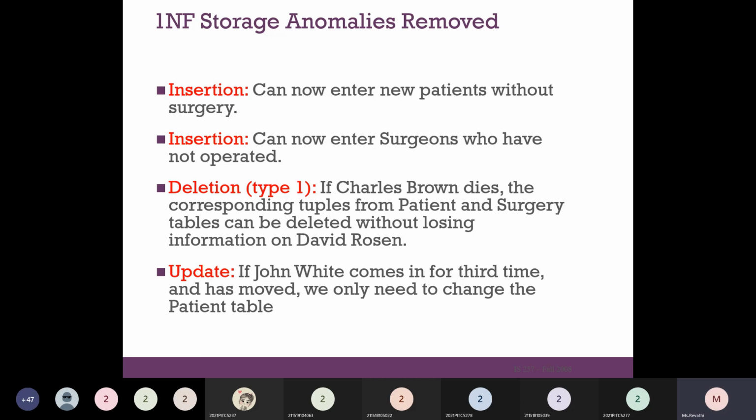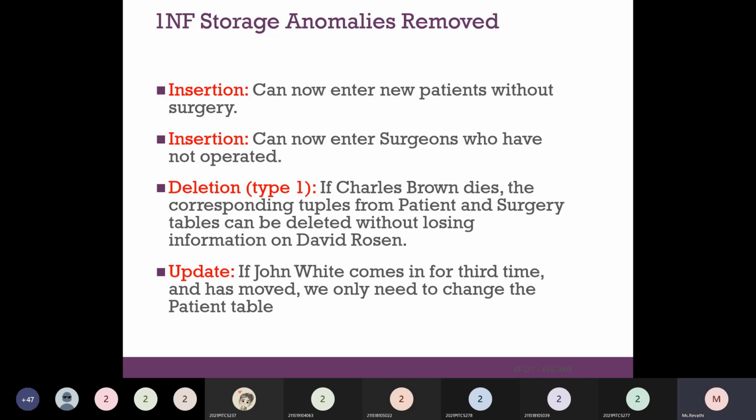With respect to second normal form, we can add the new patient details as well as new surgeon details without attempting a surgery. So the insertion anomaly is removed.